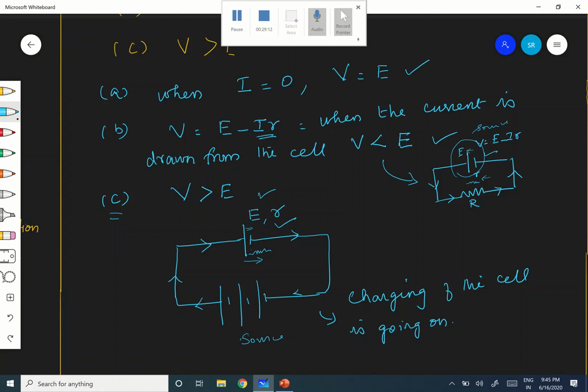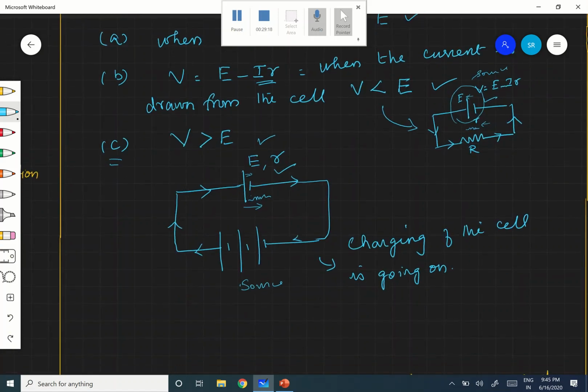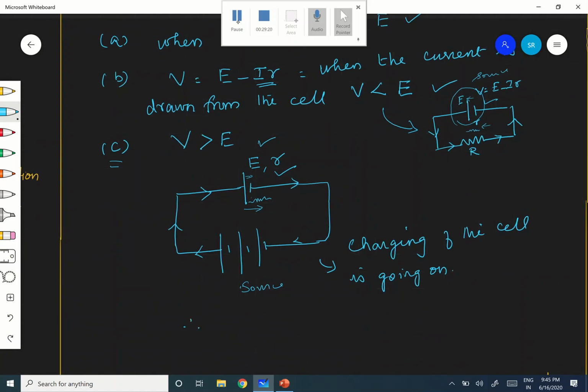Therefore, V is nothing but E plus Ir, because the current direction is changed.